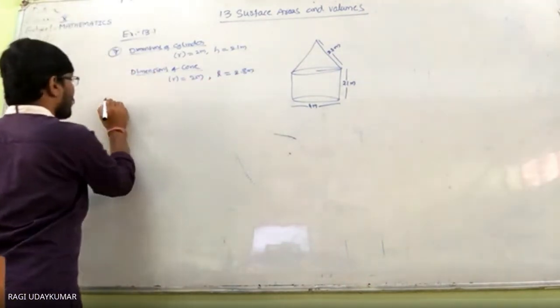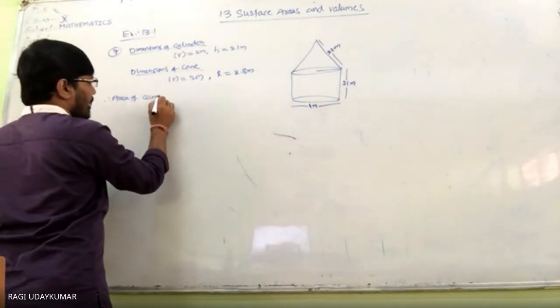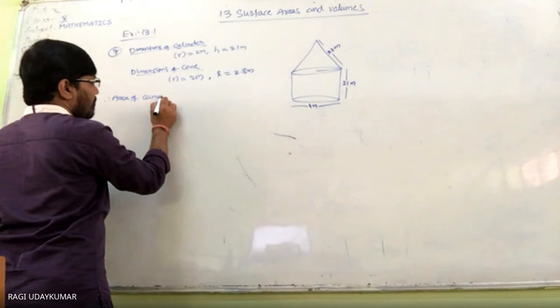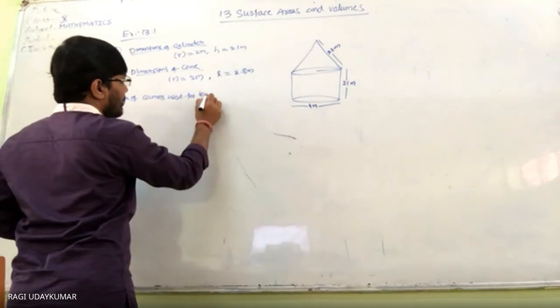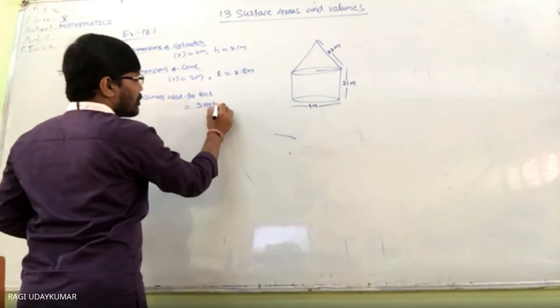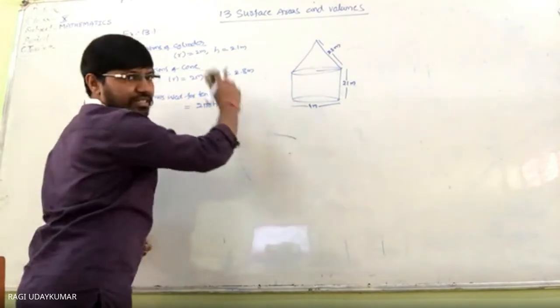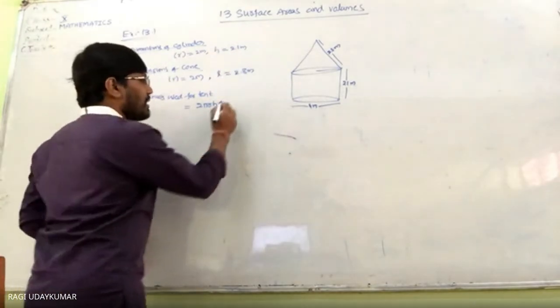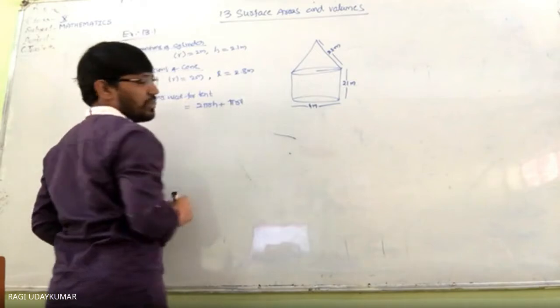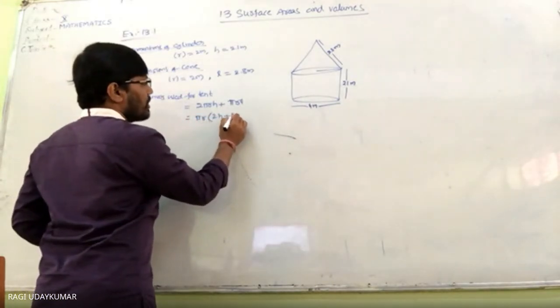Therefore, area of the canvas used for the tent is equals to 2 pi r h plus curved surface area of the cylinder plus curved surface area of the cone. From this, if you want, you can take the pi r common ले सकते हैं 2h plus l.